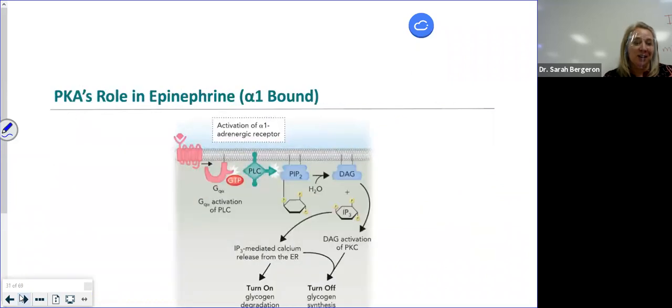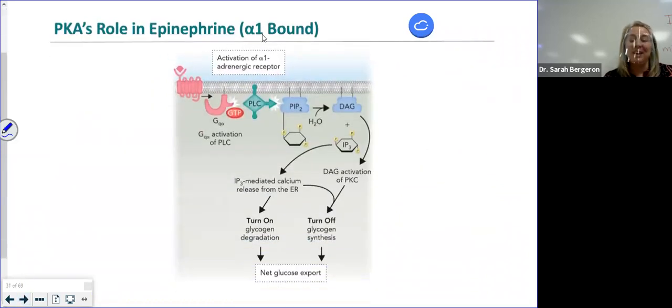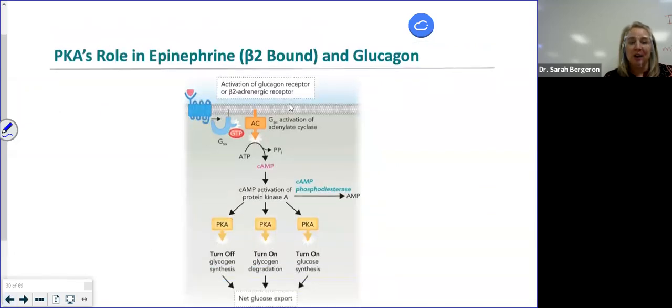All right, where were we? All right, so now here's our alpha-1, right? This is epinephrine binding to our alpha-1 receptor. So how is this different? If you go back and compare, we have a different set of upstream signaling occurring when we're talking about a beta-2 versus an alpha-1.